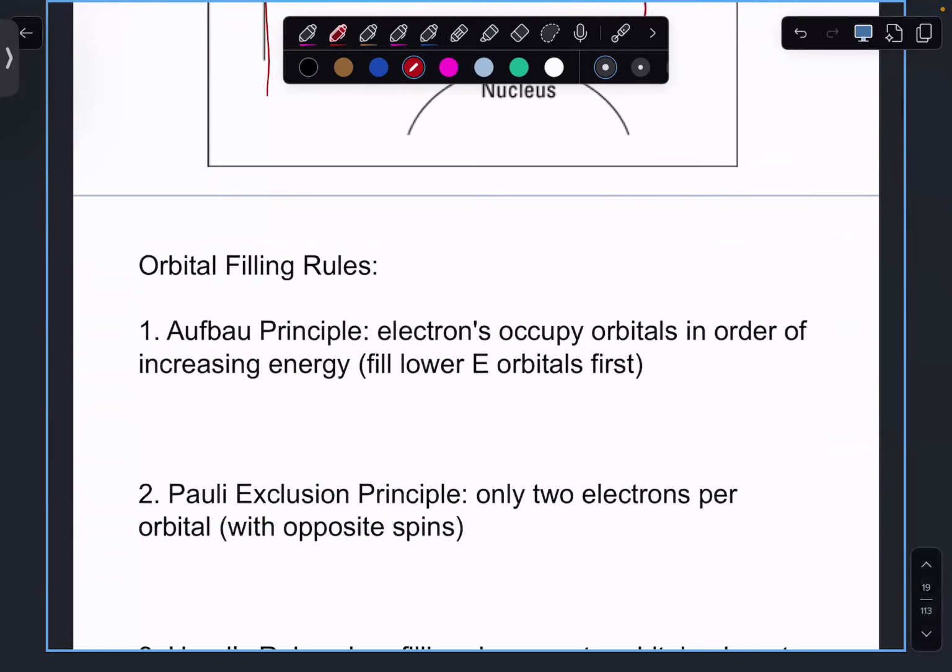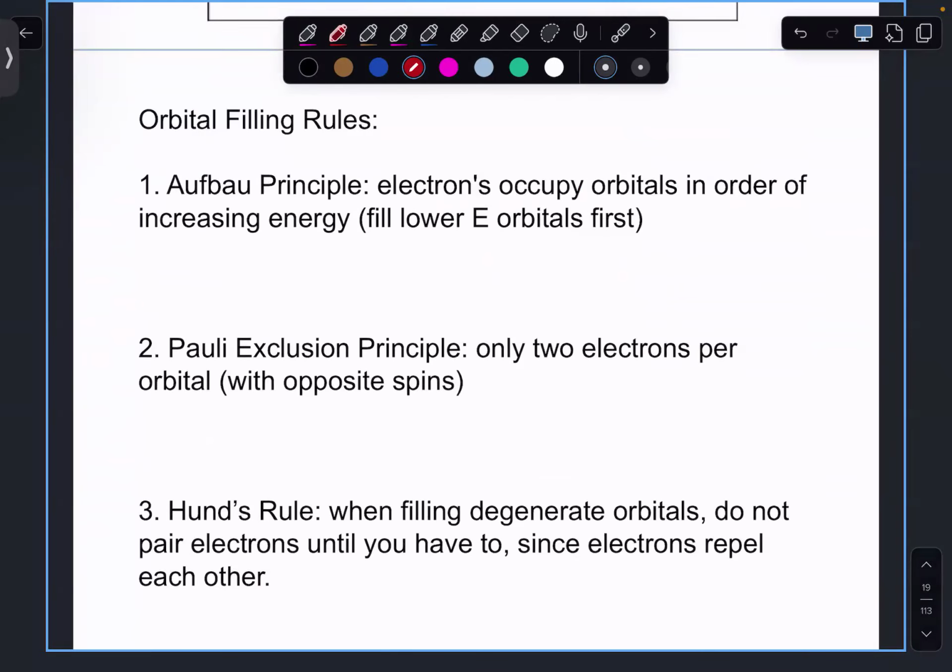Now, the second guideline for electron configurations is what's known as the Pauli exclusion principle. And this says that you can only pair electrons in an orbital if they have opposite spin.